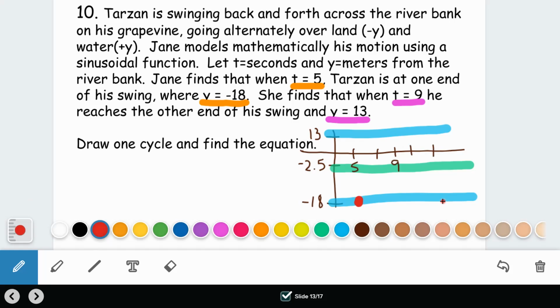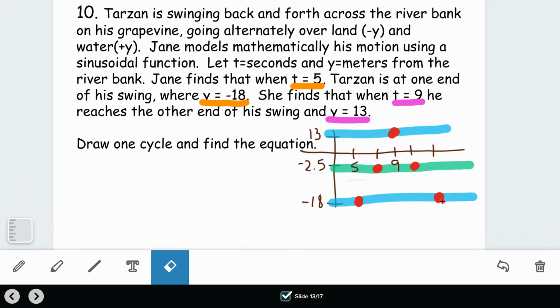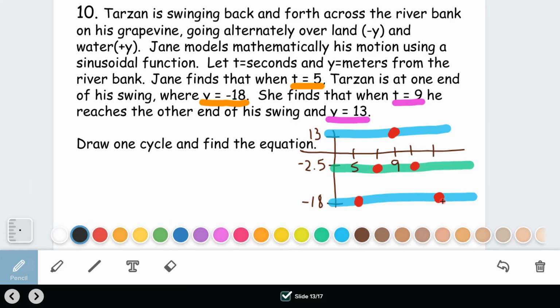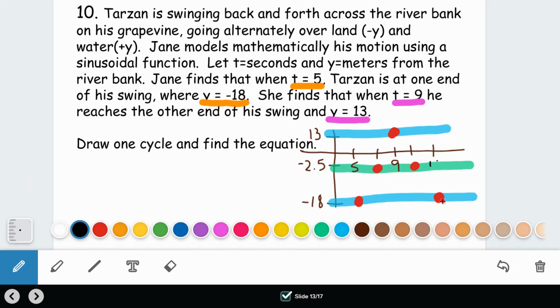At 9, we're at 13. So this is going to be the look of our graph. It's going to be a negative cosine. And if I was from here to here, that's a distance of 4. So I'm going to go 4 beyond that, which means that this is going to be at 13. And then this is going to be our cosine graph.